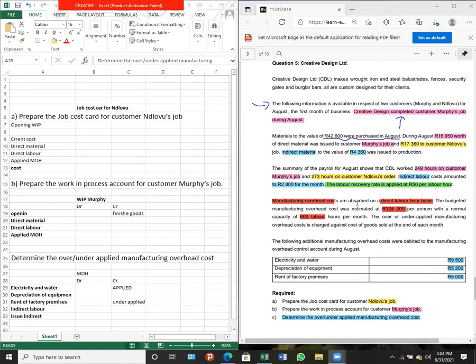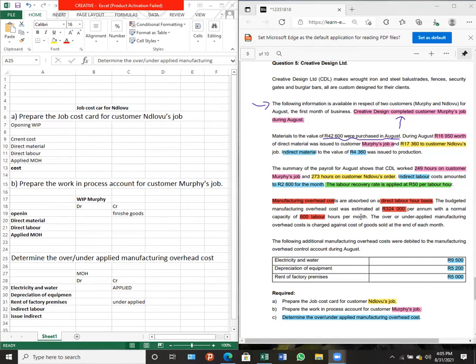Manufacturing overhead is absorbed on direct labor hours, which means that if we are going to calculate our POR, our base is going to be direct labor hour. The budgeted manufacturing overhead is estimated at 324,000 per annum. You see, guys, it is a trick: it is per annum, but the normal capacity is 600 labor hours per month.